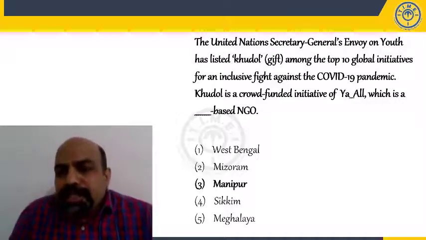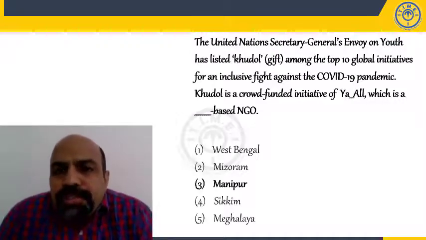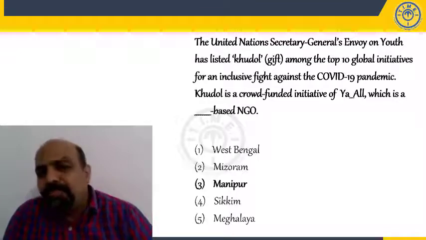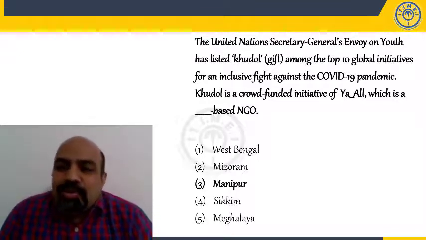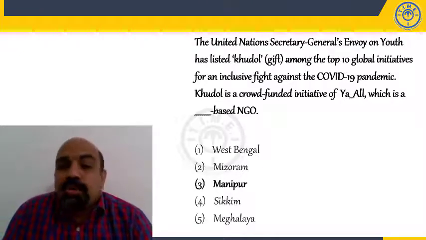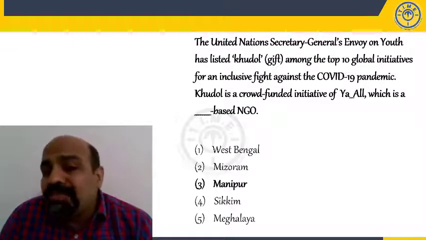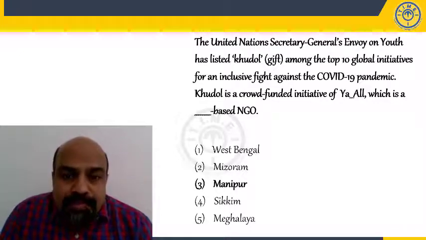The United Nations Secretary General's envoy. How do you say this? You can say envoy, but it's French, so they say envoy. The UN Secretary General's Envoy on Youth has listed Kudol among the top 10 global initiatives for an inclusive fight over the COVID-19 pandemic.